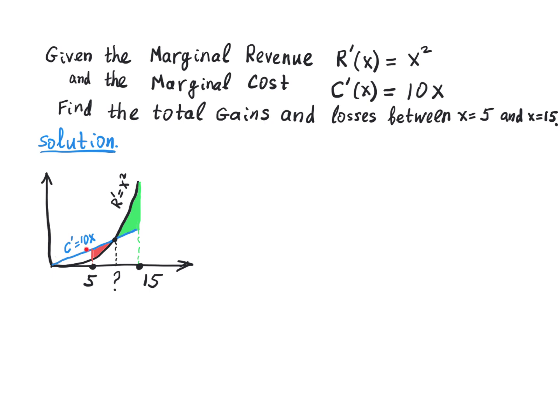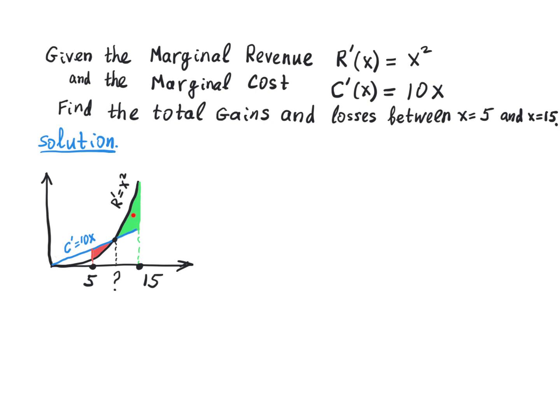When the marginal cost is above the marginal revenue, we have losses. And when the marginal revenue is higher than the marginal cost, we have gains. So the accumulated gains would be the area sandwiched between the marginal revenue and the marginal cost.